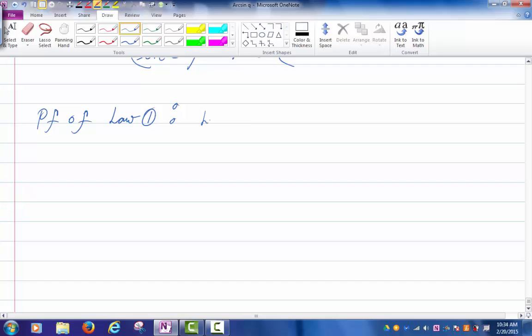Let y be log base a of x. Remember, I want to show that y is equal to ln of x over ln of a. Well, how? Log base a is the inverse of a to the x. So that means if y is log base a of x, then what is x?